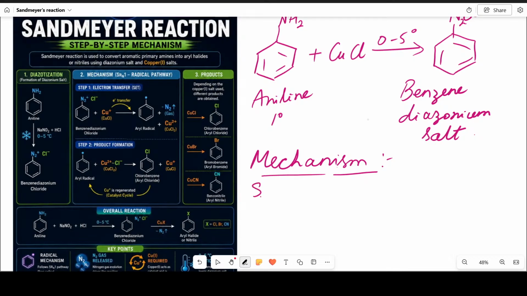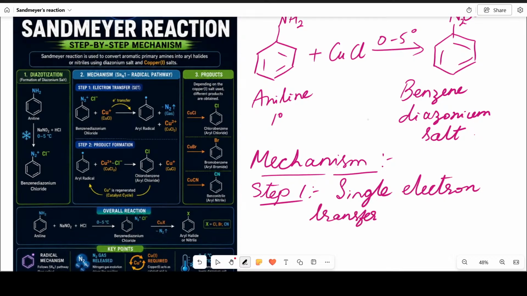Step 1 is single electron transfer. It's called SET.